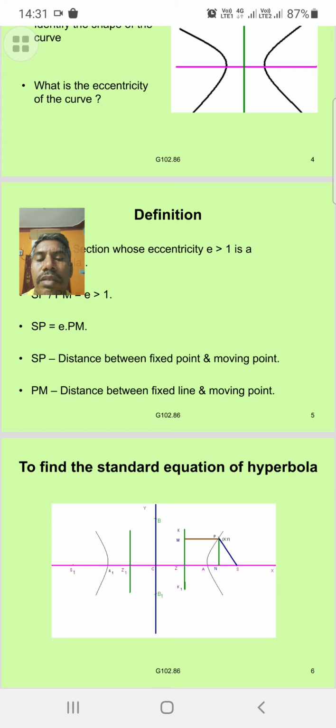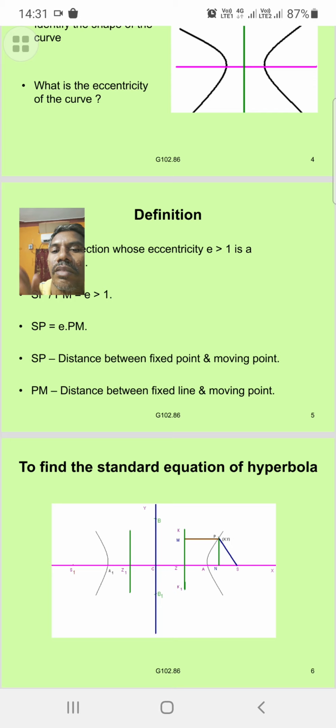If we cut it with some slant or slope, at some angle between 0 and 90, not 0 and not 90, we get an ellipse, that is an oval shape.